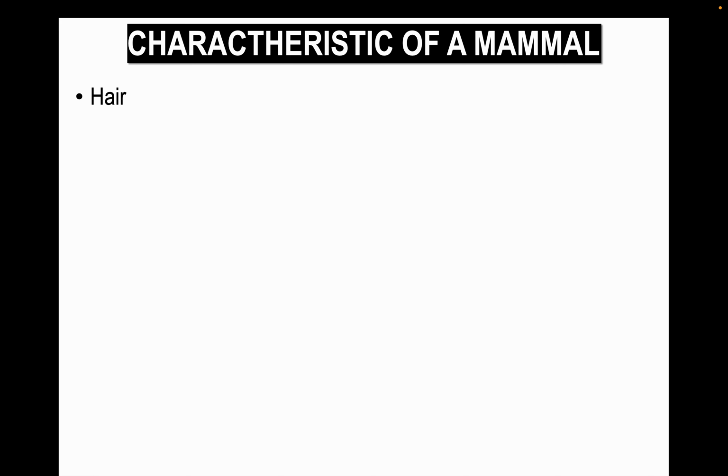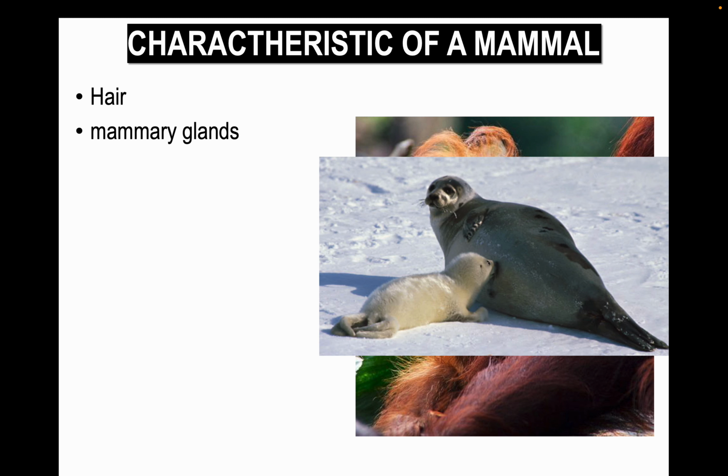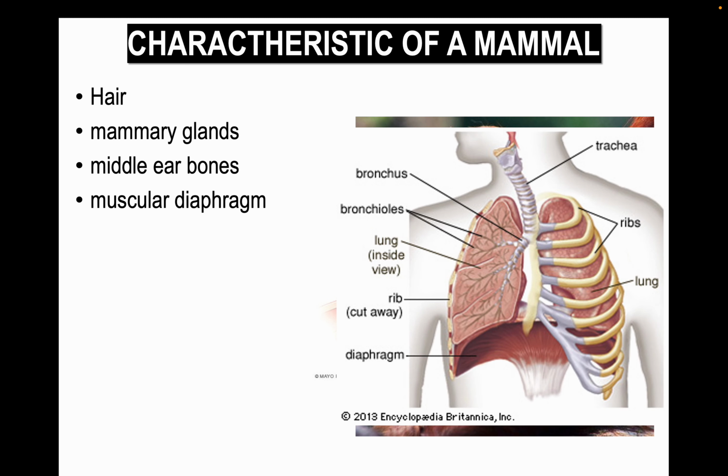More characteristics: we have hair, mammary glands, the middle ear bones, okay? Stapes, incus, malleus.